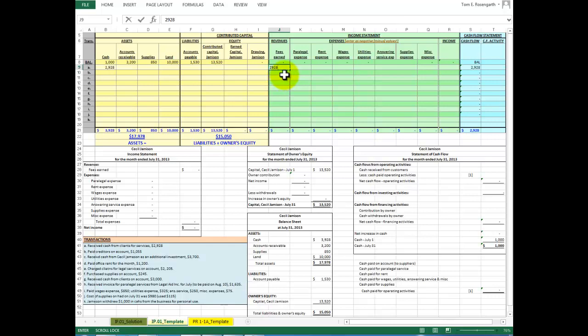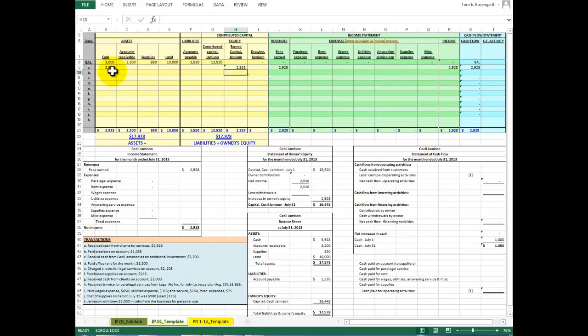Now, fees represent a revenue, and when revenues increase, we should also see a corresponding increase in net income. Net income represents the detailed increases or decreases in the company's earned capital. So we should also see a corresponding increase in the capital for Cecil Jameson.